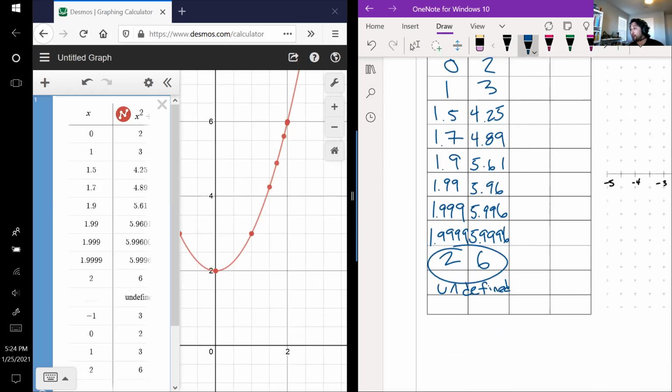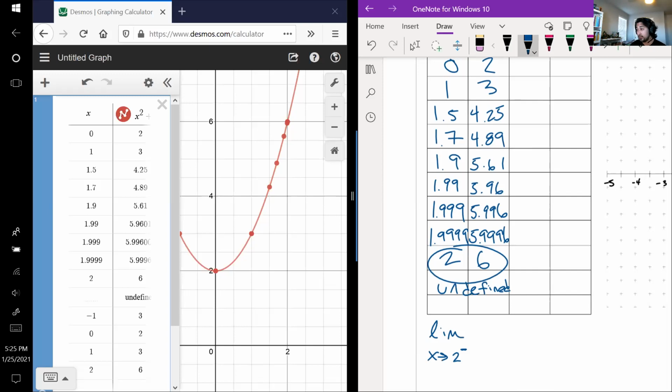Okay, and now, just to go over everything you have just done and put it into actual limit notation, we're going to say the limit as x approaches 2 from the left side. You see the little minus sign notation I put, that minus sign goes above the 2. What that notation means is that you are approaching 2 from the left.